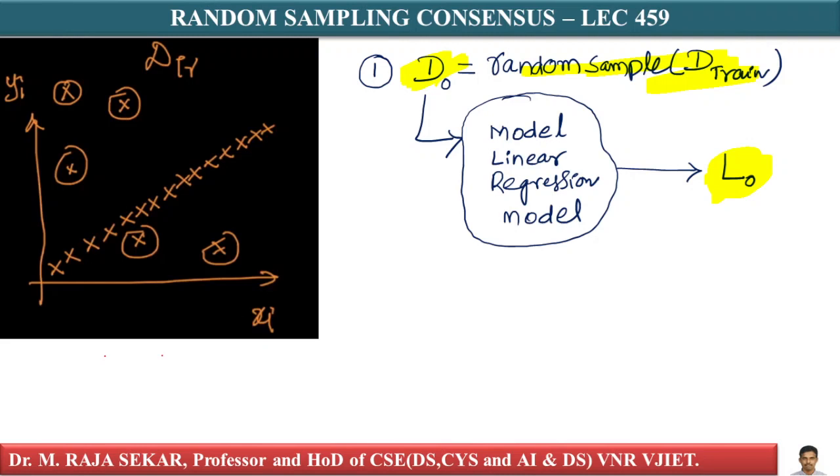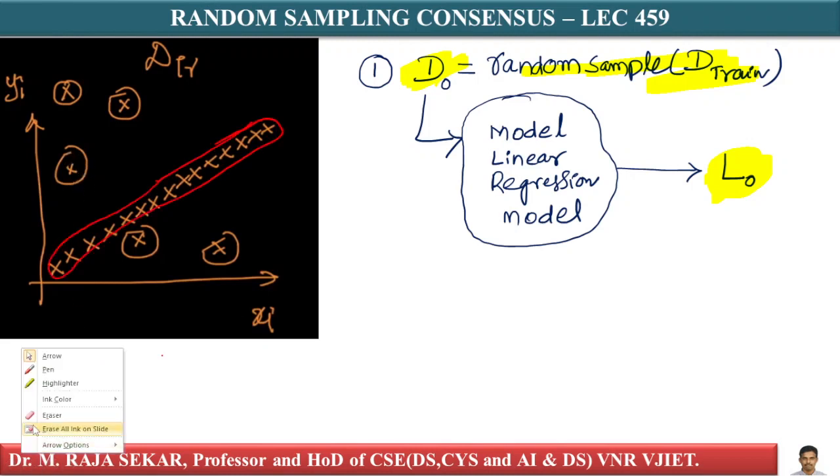Outliers are going to be fewer points. You may have one outlier here, one outlier here, yes, this is one outlier, this is one outlier.